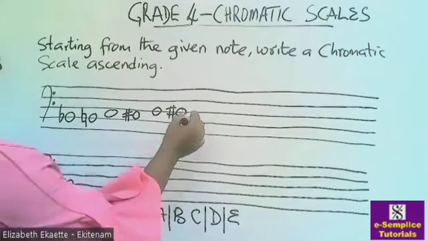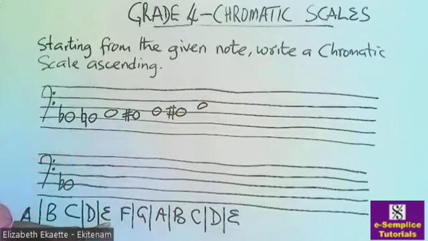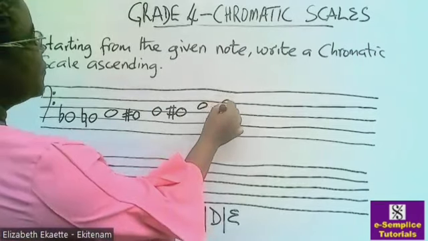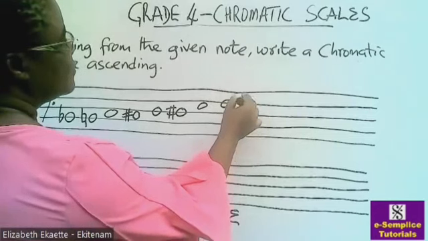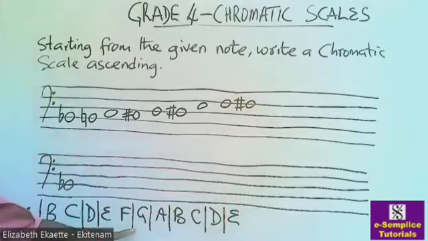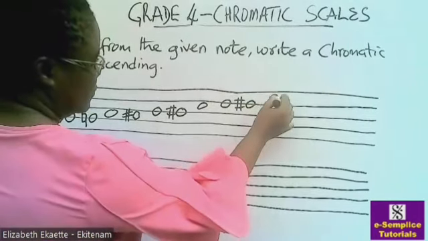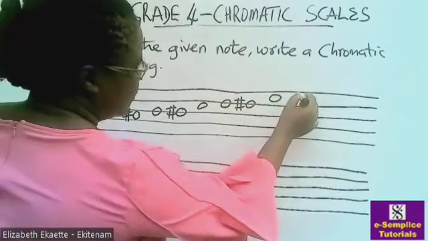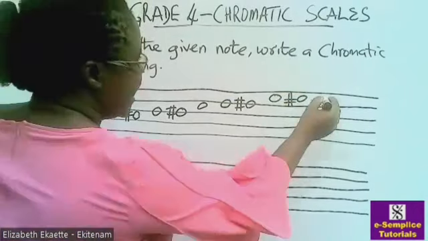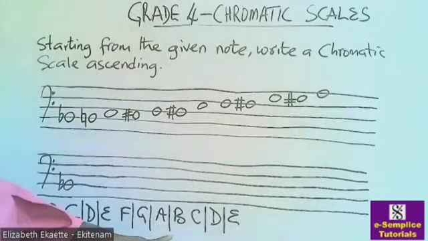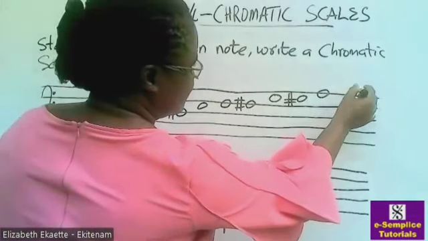From D sharp, you move to E. From E, you move to F. From F, you move to F sharp. Then G. Then G sharp. Then you have A. And after A, you have B flat.